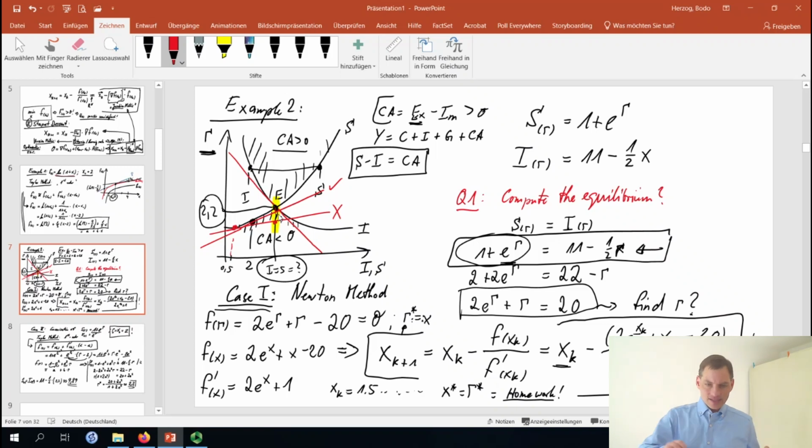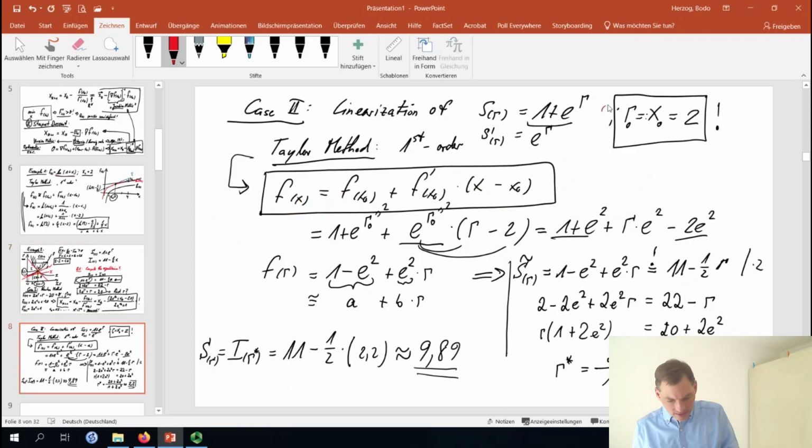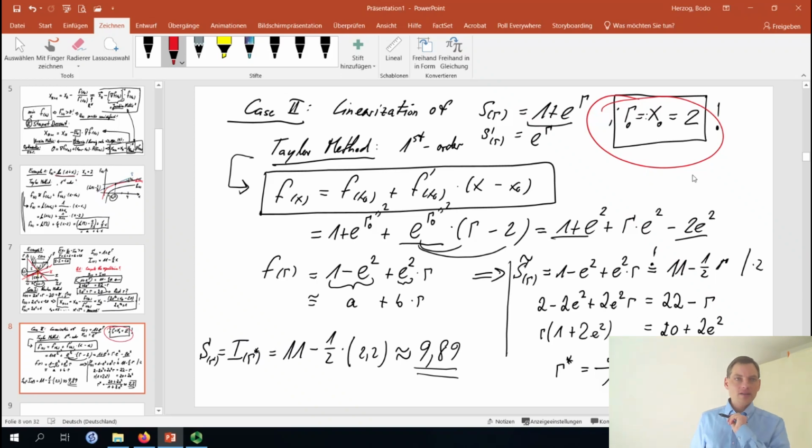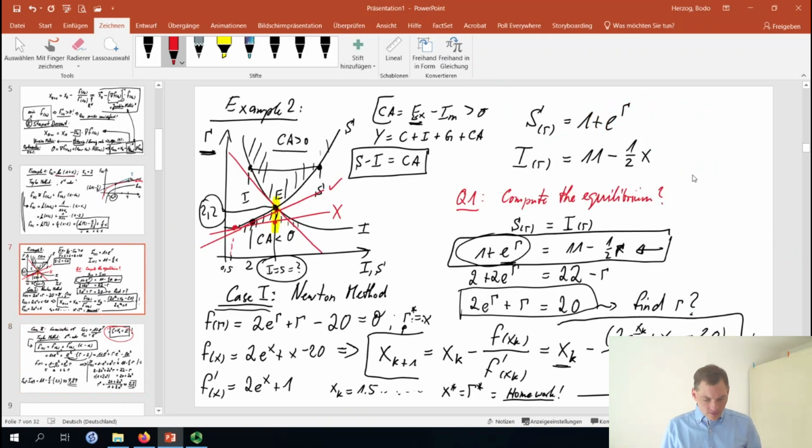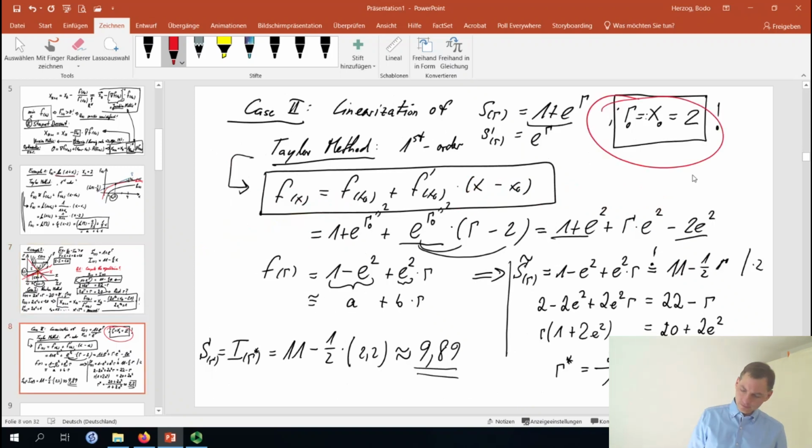So the critical point here is choosing the correct reference point where you linearize the nonlinear function, here the exponential function. That's a problematic and tricky point, and therefore the Newton method, of course, would give you a clear evidence where the equilibrium point is lying.